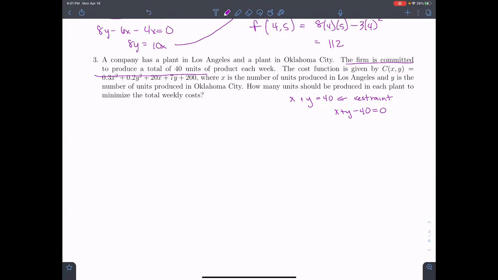So our big function f of xy is going to be this c of xy, so 0.3 x squared plus 0.2 y squared plus 20x plus 7y plus 200 minus lambda times x plus y minus 40.